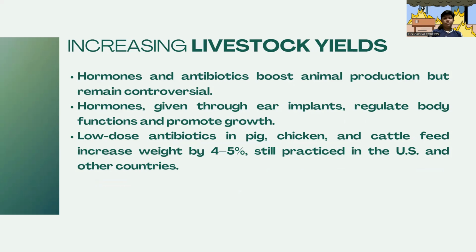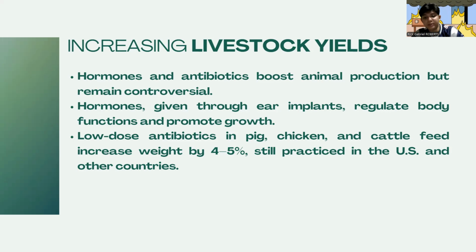Now, the use of hormones and antibiotics in livestock farming has been a controversial practice, yet it continues in many countries, including the United States, because it boosts animal production. Hormones in livestock are commonly given to animals like cattle to help them grow faster and more efficiently.